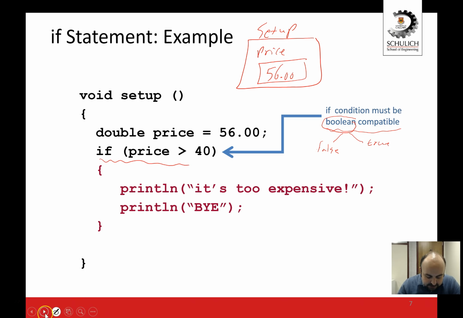So we have the condition and we have the if block. In this case, is the condition true or not? If price is greater than 40, the price is greater than 40, so the output of this program is that these two sentences are outputted to the screen. So in the console, you're going to have it's too expensive, buy. Go ahead and program this on your PDE and see what you get.